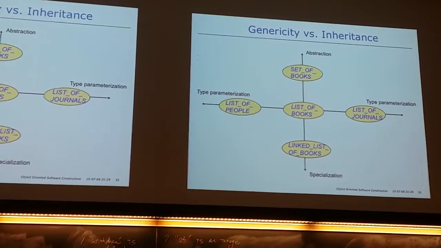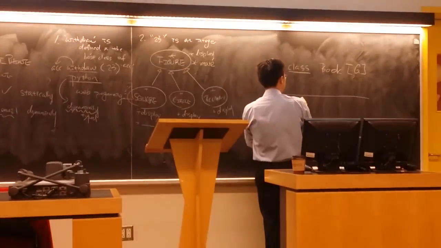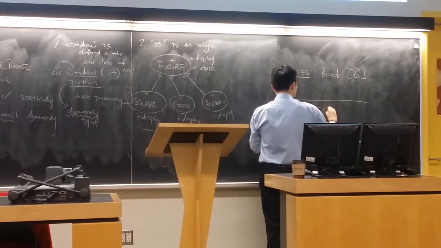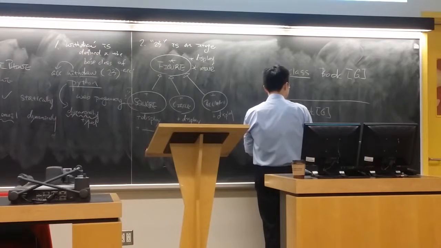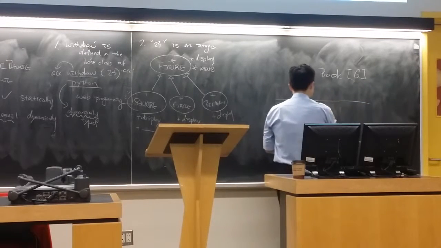And now on the client side, we might have a birthday book. So we can say book of G. And also we might have some home books. And here we have a book of string. Sorry, it should be dates.